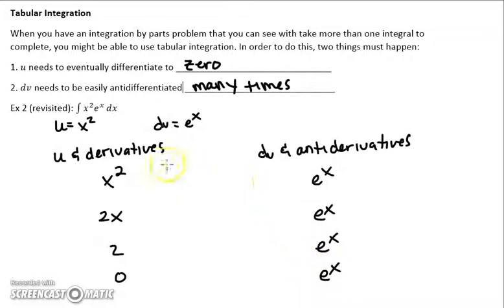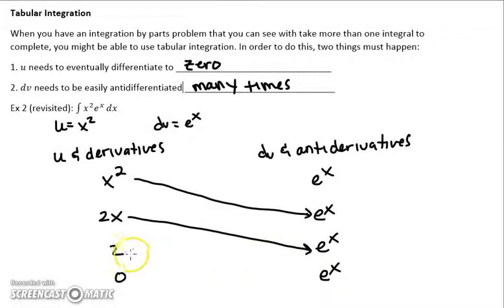Now how this works is we want to take this first term, multiply it by that second term. We want to take this second term, multiply it by that third term. This third term, multiply it by the last term. Then we want to alternate between positives and negatives.